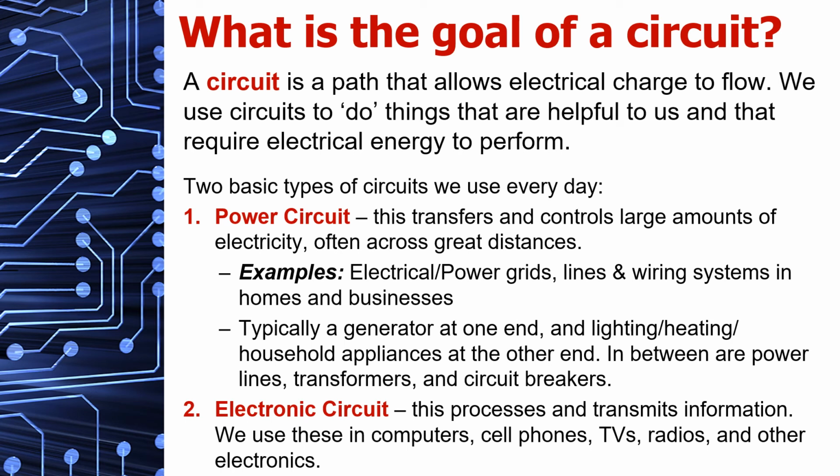In between the generator and all of those appliances and lights, there's a whole bunch of lines. There are these things called transformers. We generally hear about those when they blow and your lights go out for a couple of hours, and the electric company comes out and fixes that. And something called circuit breakers. If you've ever had to go to the circuit breaker box and throw a breaker, then you've heard of those.